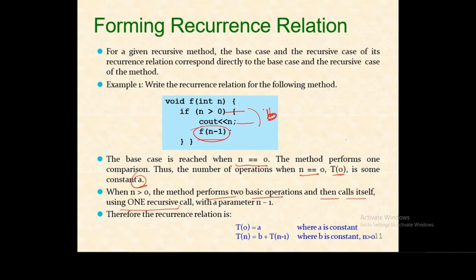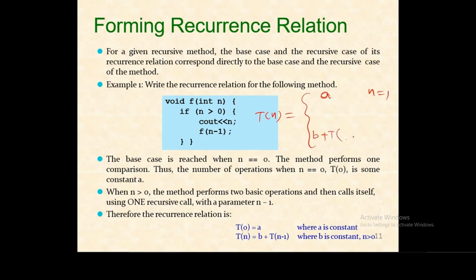So if we are writing it in the form of a recurrence relation, t of n is equal to a constant value, suppose a, when n equals 0, and it will be two operations, so we are denoting them by some constant b, plus t of n minus 1.